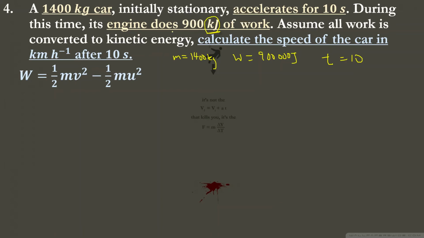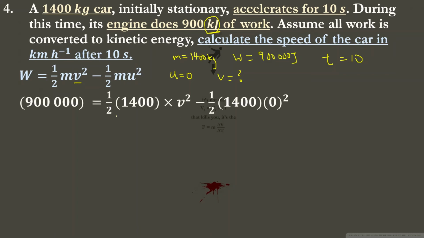Alright, so if we read the question, our car was initially stationary. So u is 0. And so calculate the speed. So what we're trying to find is v here. What is v? So let's substitute all the numbers that we have into the equation.